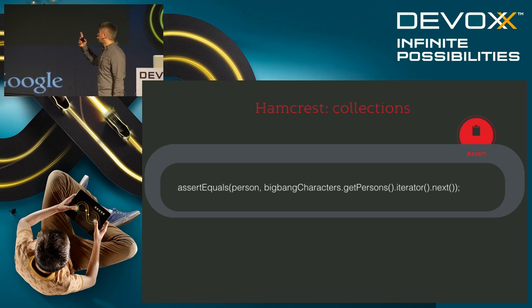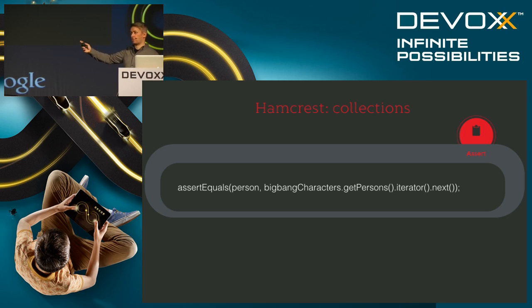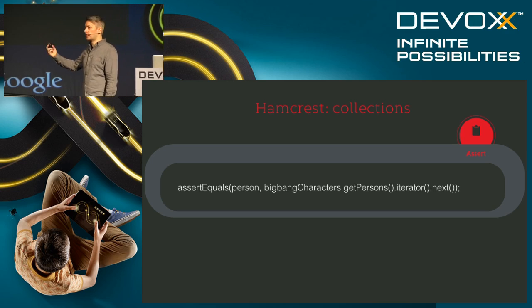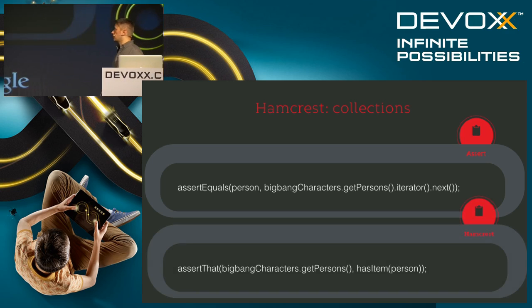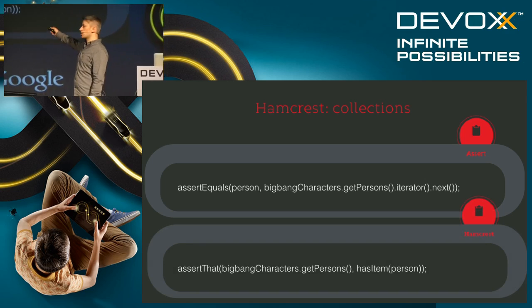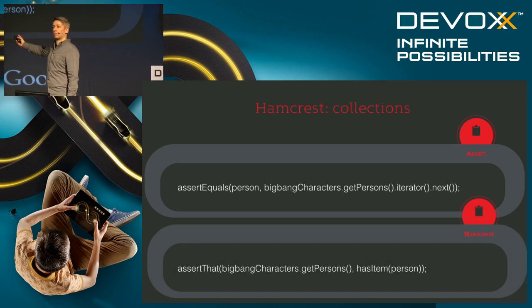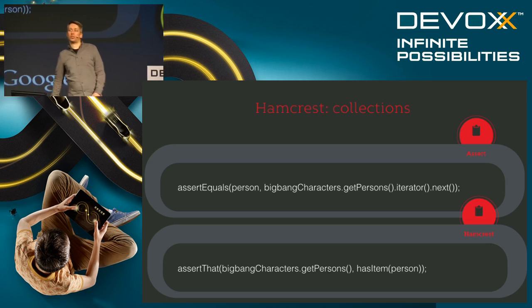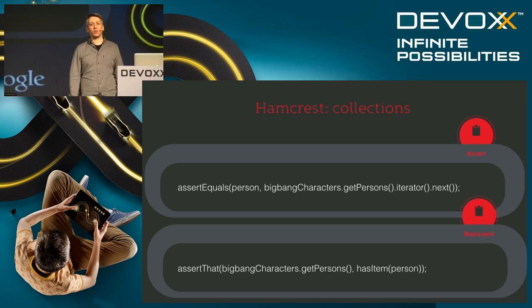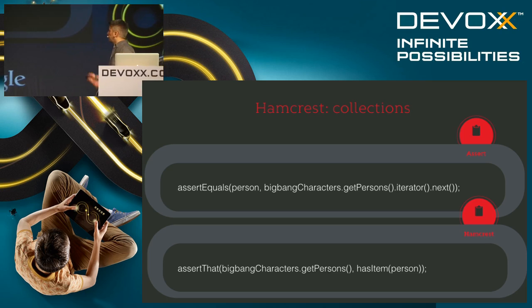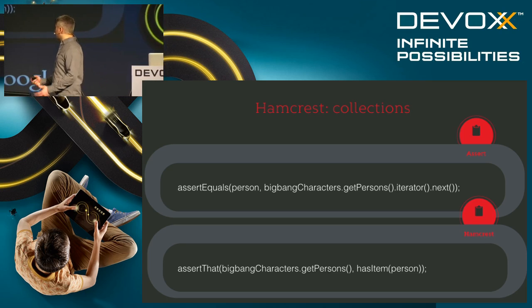You can already start thinking, what if I don't need the first one? With one later, I will still need to add a for loop and so on. With Hamcrest, you just get this: assert that a certain collection has an item, and then the one I want to match on. So really, Hamcrest will help you with a much nicer syntax and a much more fluid way of writing your matchings.